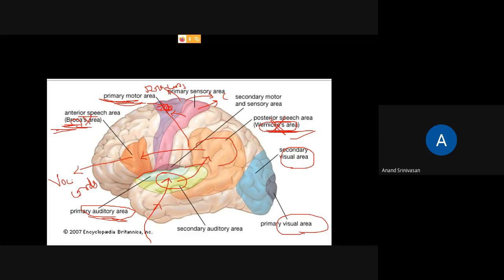That's the visual area. So we realize that this is a bench, this is a chair, laptop, pen, pencil. All this interpretation takes place in the brain, in the visual area, which is located in the occipital lobe.